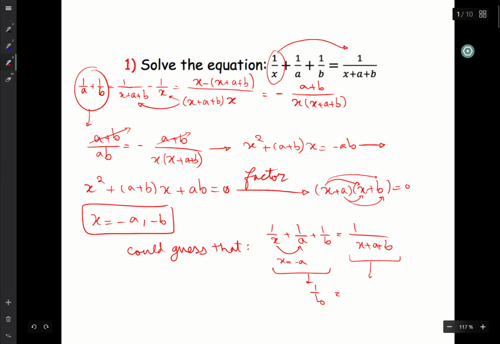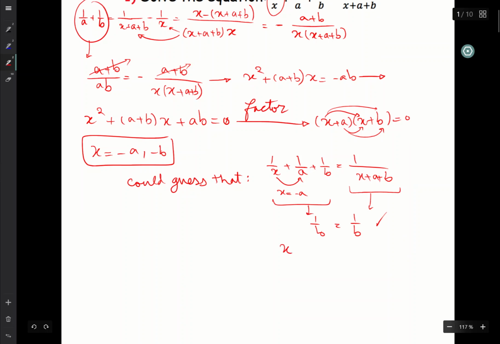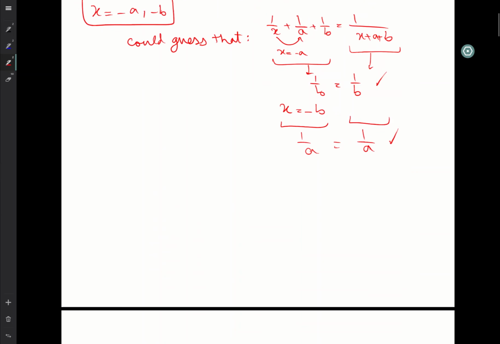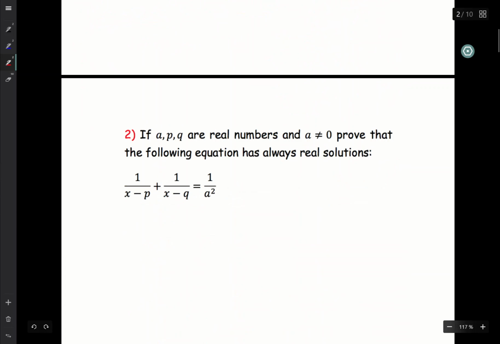Here they also cancel out, and I end up with 1 over b. Similarly, if I put x equals negative b, I end up with 1 over a from the left side and 1 over a from the right side. It's also easy to conclude that this should be a quadratic equation, and therefore we only have two roots, and x equals negative a and negative b are the roots.